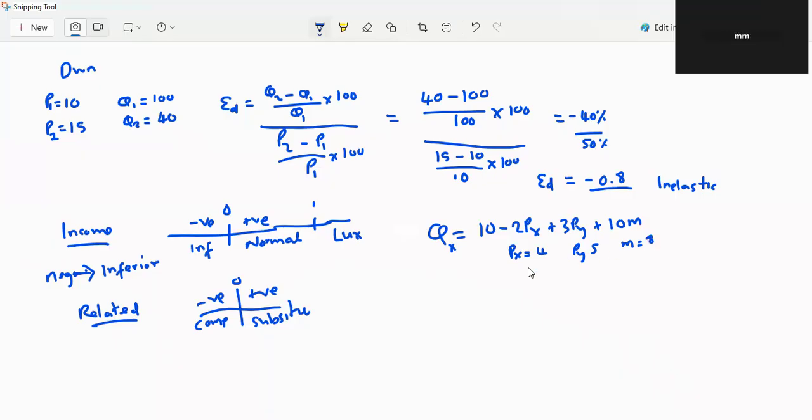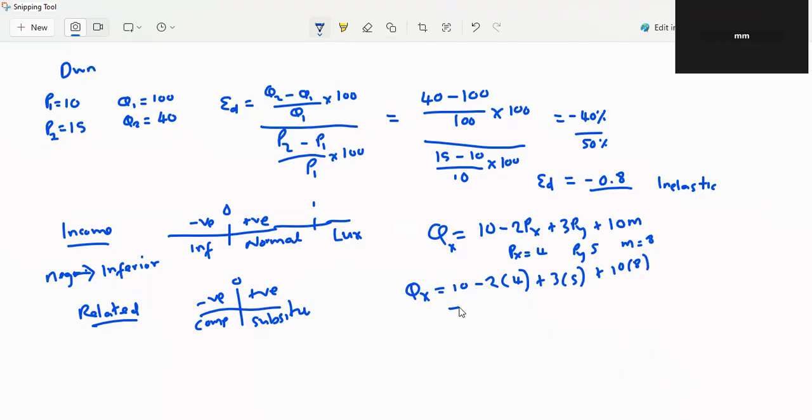So what is the quantity demanded? To calculate the quantity demanded, we just substitute the figures that have been given there. So we're going to have 10 minus 2px, for this px we put a 4, plus 3py, for y we put a 5, plus 10m, and here we have 8.